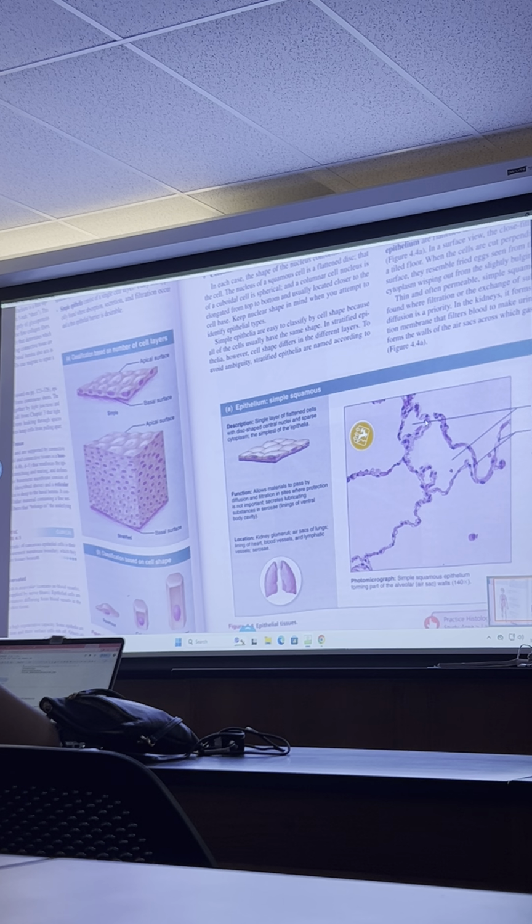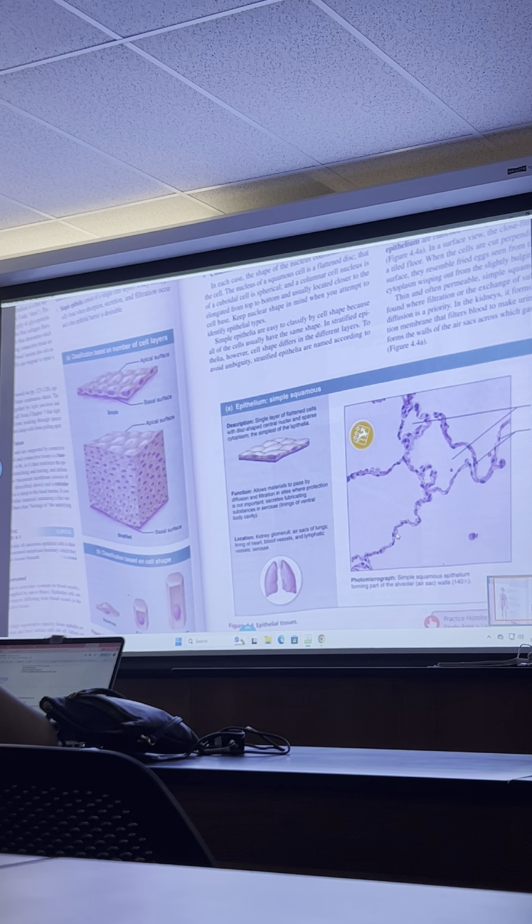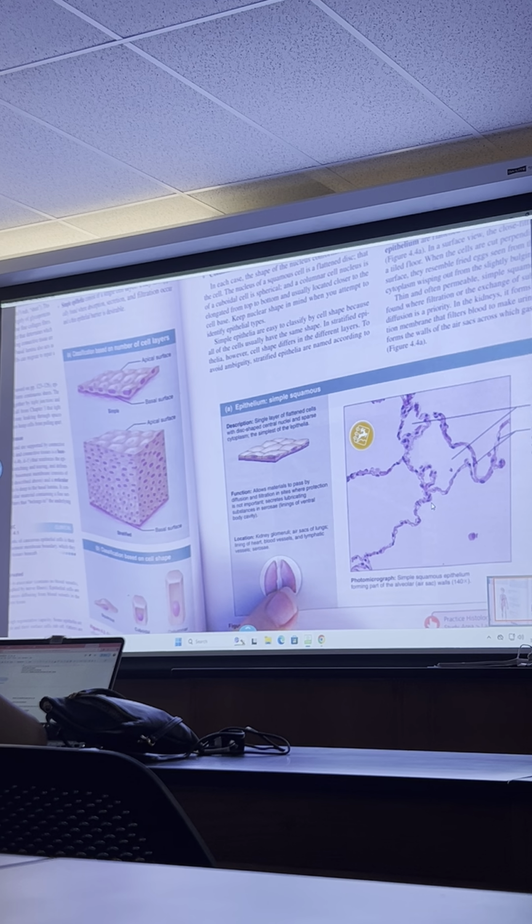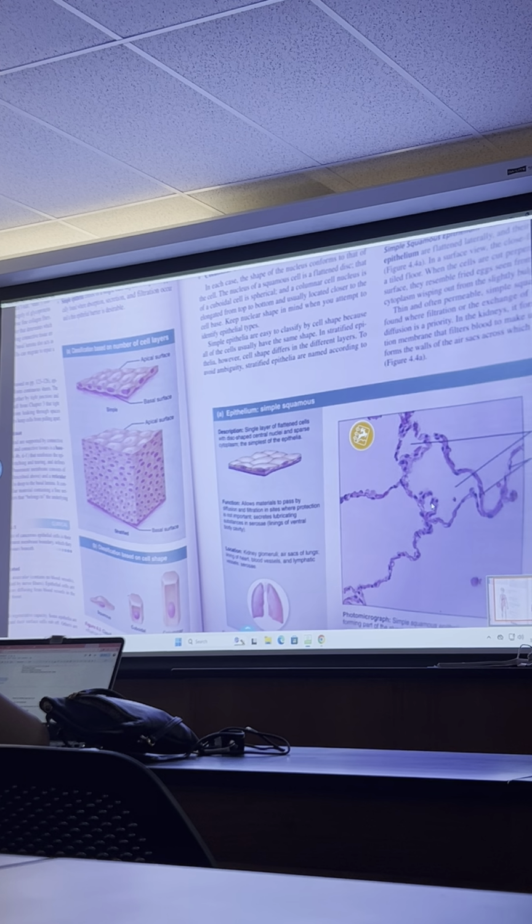Simple squamous epithelium is what this is. It's pretty thin. But what you've done is cut the air sacs in the lung, and these are all parts of air sacs. Simple squamous epithelium.